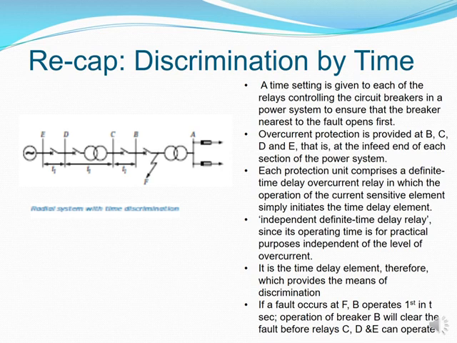Should it fail to operate, then C would come in next. If that failed for whatever reason, then it would be D, and E would be the last one to operate. This is what we call discrimination by time. The first one closest to the fault is the one that operates, and everyone else is going to have a delay before they operate for that fault.